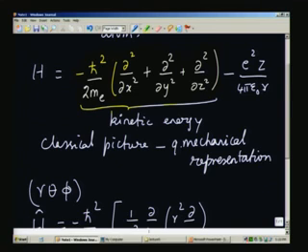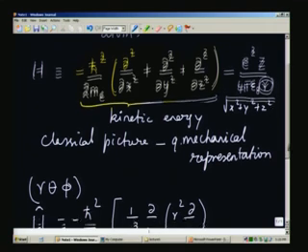What causes the problem is r, which is square root of x square plus y square plus z square. So even though the kinetic energy form and the potential energy form are simple looking, they are not separable in the way they are written in Cartesian coordinates. What do we mean by this?